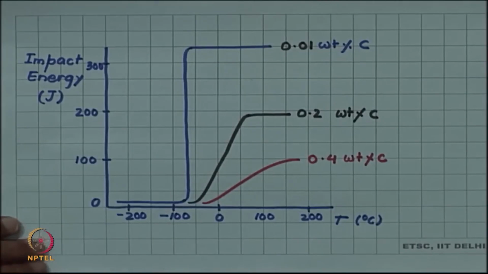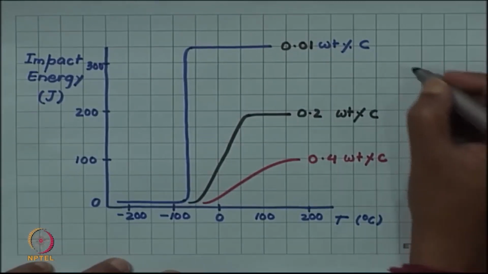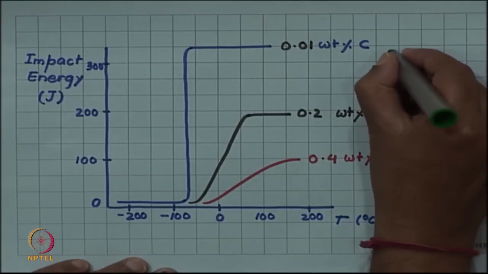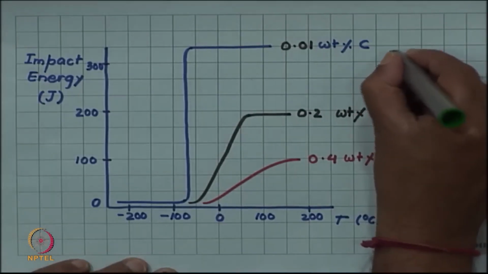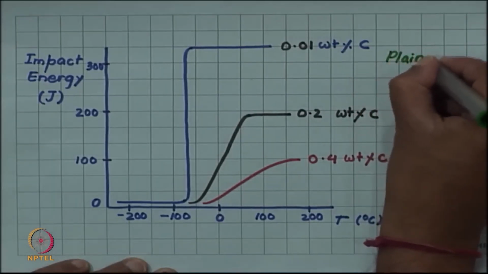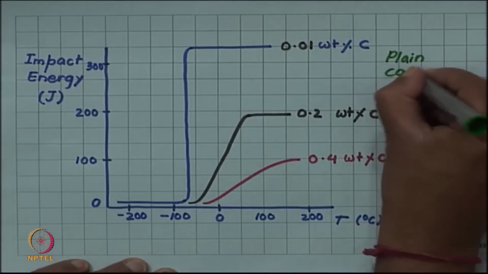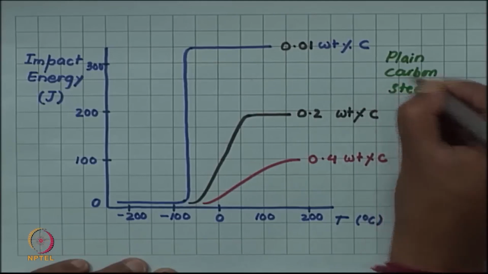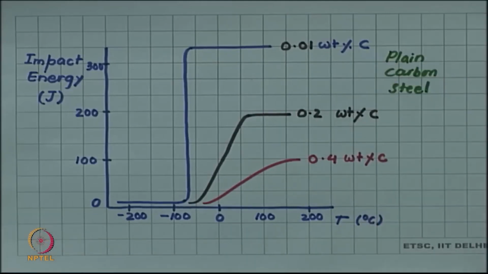When this test is conducted, it is found for, let us say, steel, plain carbon steel, all of them with different carbon concentration.